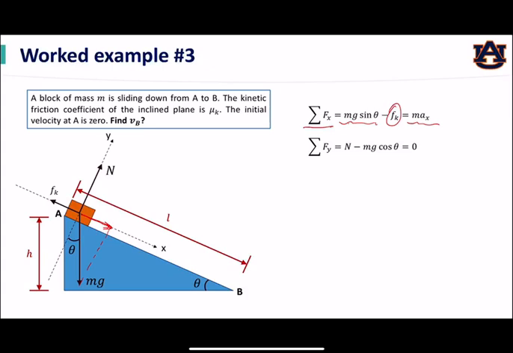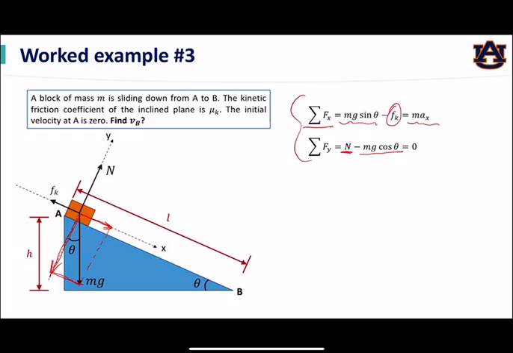Along the y direction, we have the normal force along positive y, and the projection of mg along negative y. The magnitude is mg cosine theta. Those are the two Newton's second law equations we can set up for this scenario.